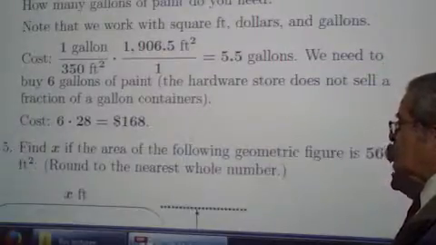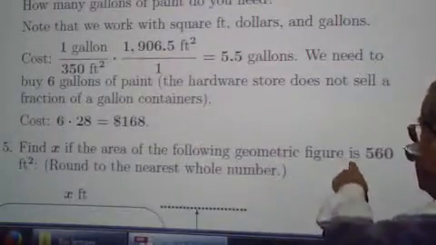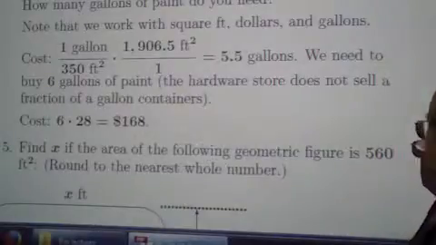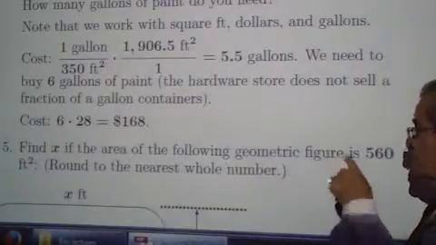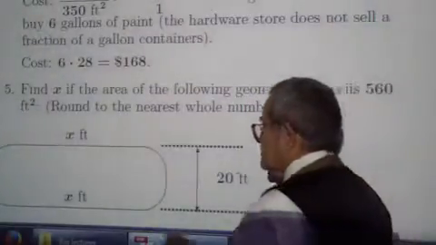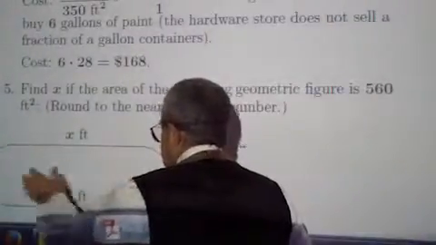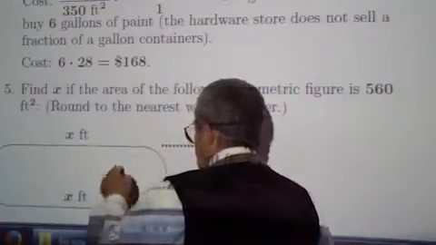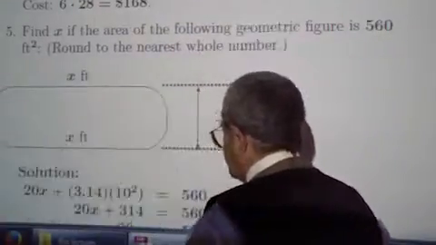Then we wanted to find x if the area of the following geometric figure is 560 square feet. So the square feet is given. This is a rectangle surmounted by 2 semicircles. The length of the rectangle is not given.